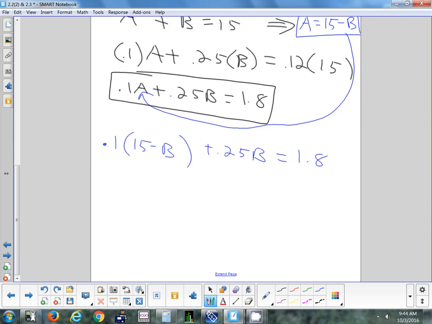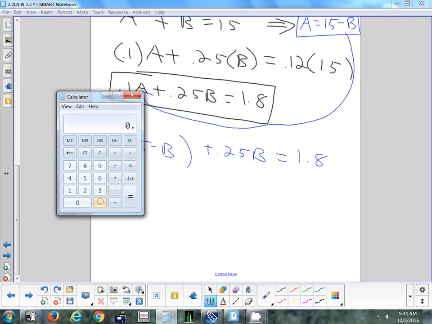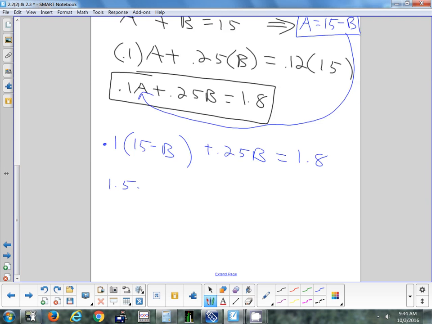Okay, so I'm going to do 0.1 times 15, gives me 1.5, minus 0.1 times B, plus 0.25B equals 1.8. Okay, combine your like terms. We have negative 0.1 plus 0.25.